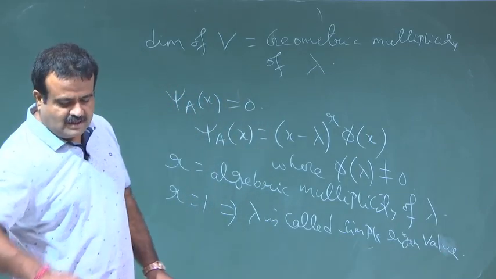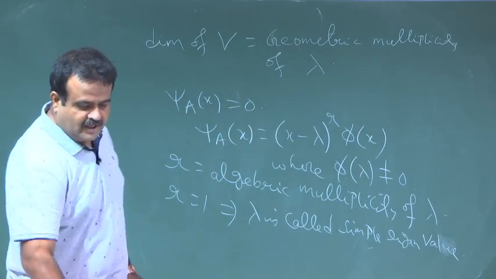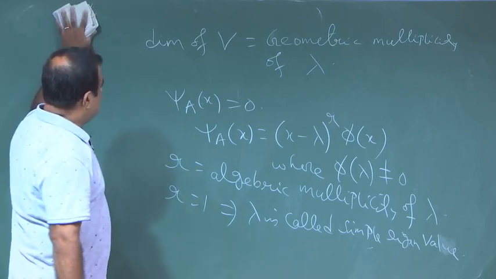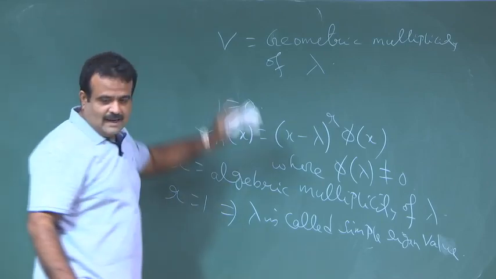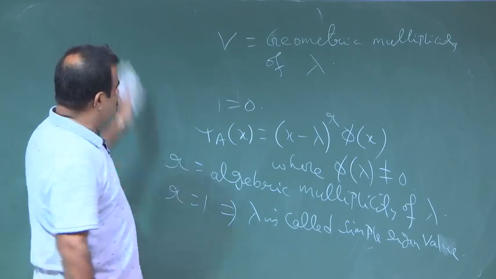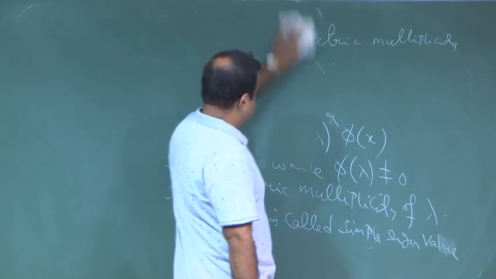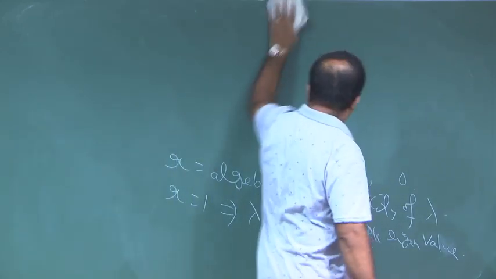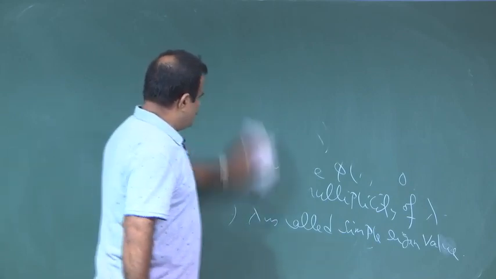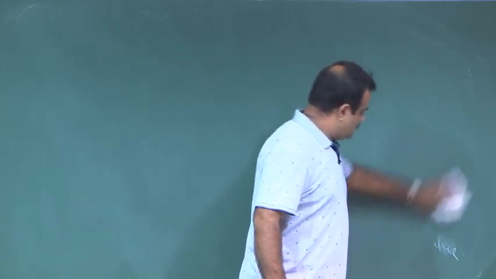Okay, and we have a result relating geometric and algebraic multiplicity. That result is telling us that geometric multiplicity is less than or equal to algebraic multiplicity. We will understand this through an example.